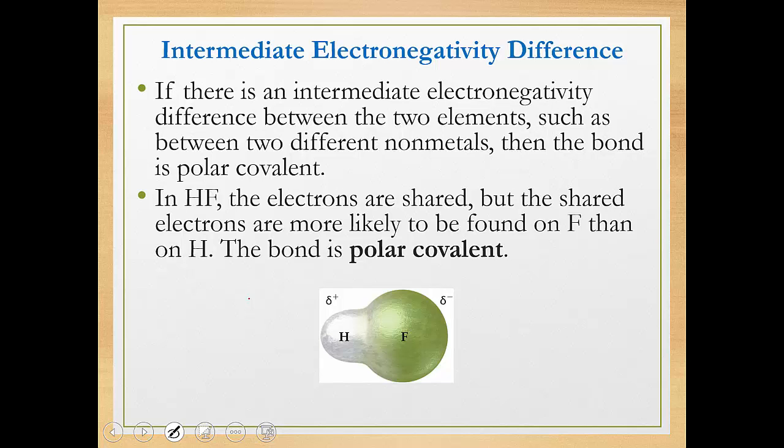It's not electronegative enough to completely rip the electron away from hydrogen, so it doesn't make an ion out of it, but it shares it, though not very equally. You can see here the density around the fluorine is very large, the density around the hydrogen is very small, so we end up with more electrons at this end, partial negative, fewer at this end, partial positive. This is what is known as a polar covalent bond.